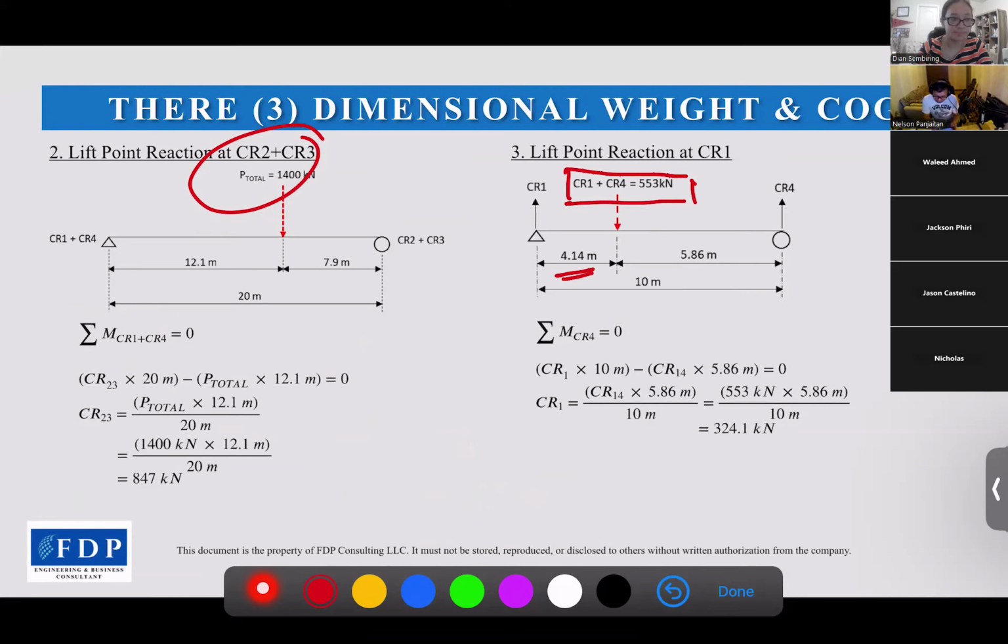If we want to find the crane 1 reaction, we use the total moment at crane 4 is 0. Then crane 1 times 10 meters, or crane 1 4 times 5.86 meters, the distance of the load to crane 4 here. Then crane 1 we can get 4.1 kilonewton.